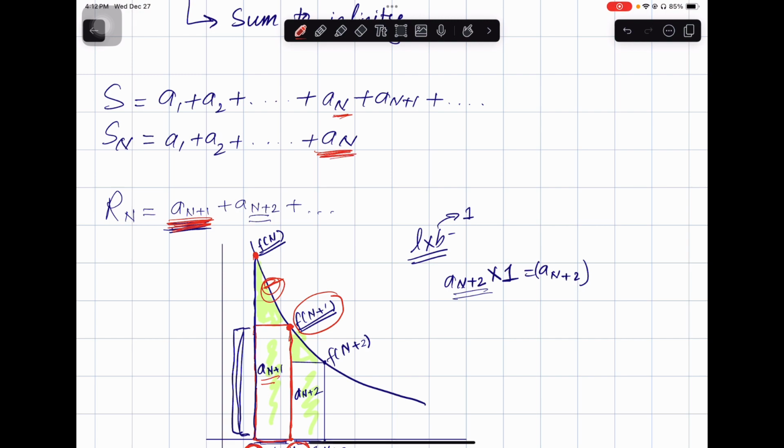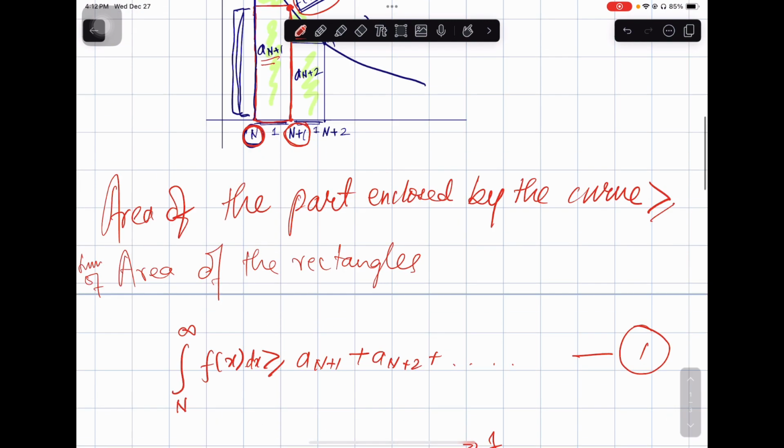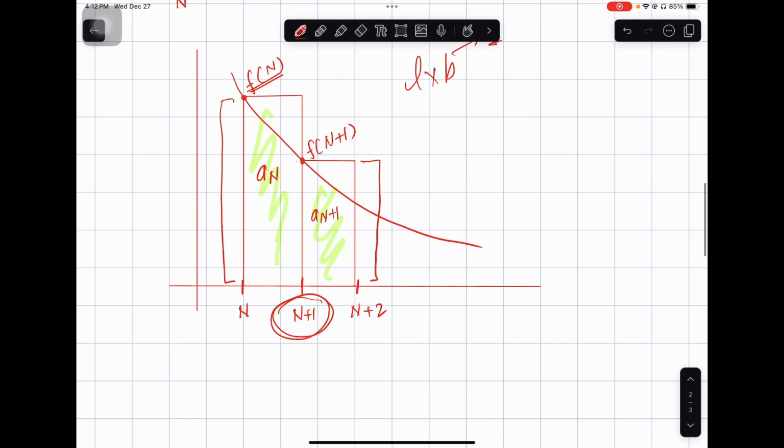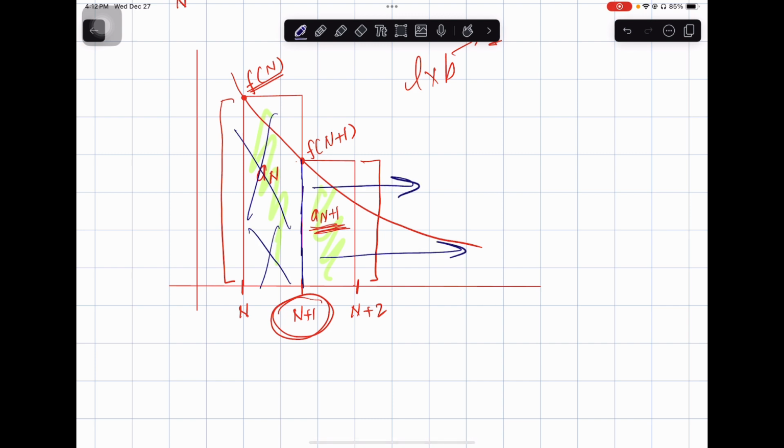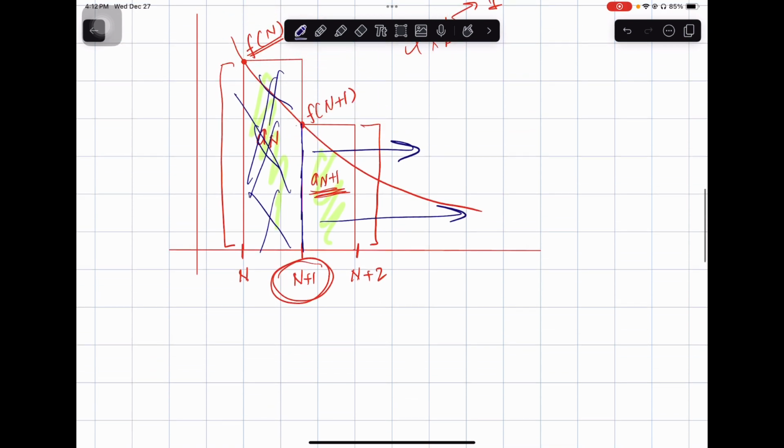The remainder only starts from the an plus 1th term. So we're only concerned from this point onwards, from here. We are not talking about this, because that does not fall under the remainder, and we are only talking about the remainder.